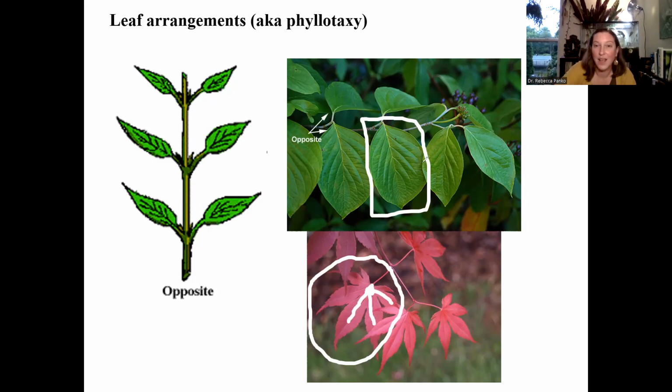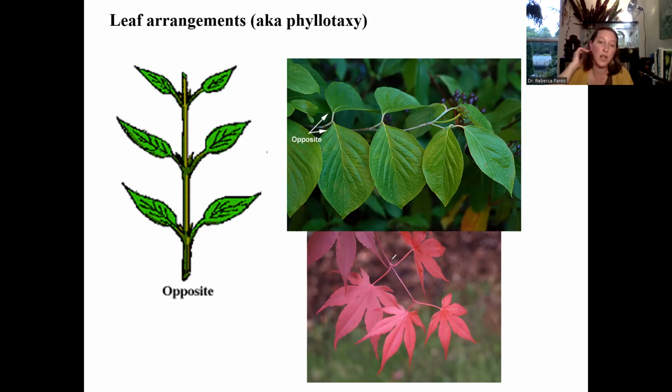However, because this specific type of maple has been very cultivated and bred by humans, those individual leaflets have now fused together over time. But the correct answer is compound, but this one is a tricky one. So if you thought simple, that is fair.